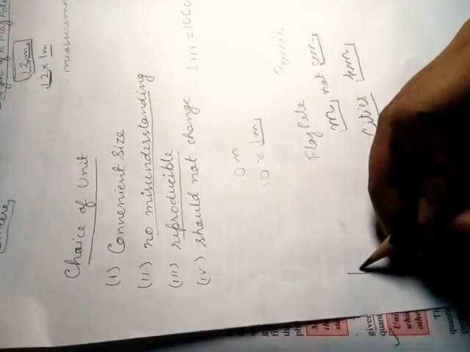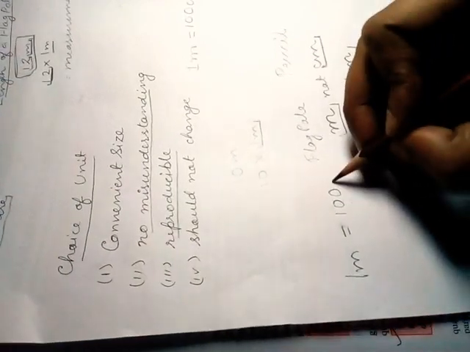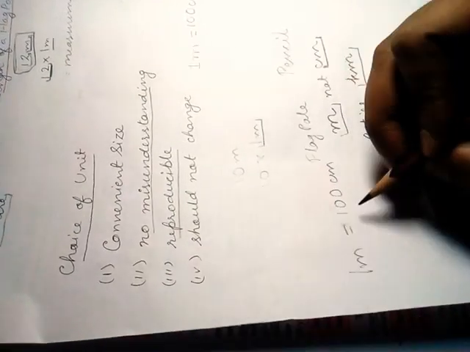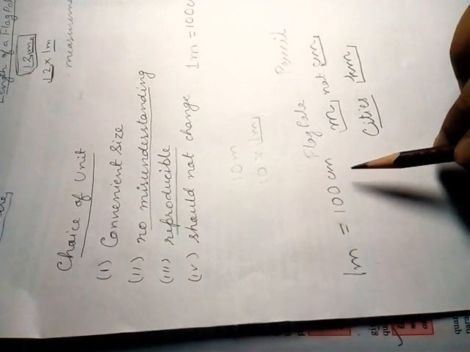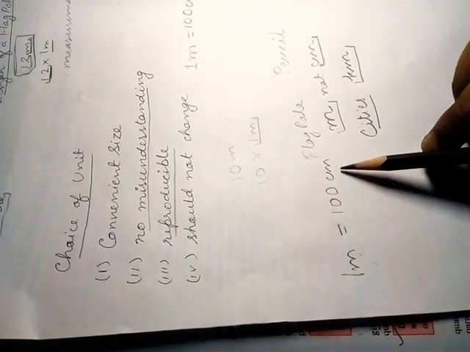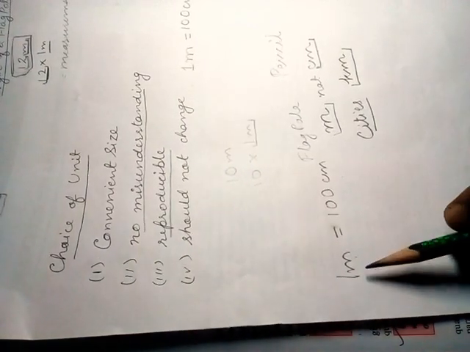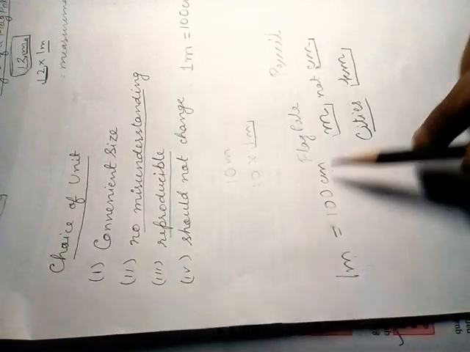That means whatever unit we select, 1 meter is equal to 100 centimeter. That means whatever unit we select, it should be interchangeable to other forms of unit of the same physical quantity. This is also the unit of length and this is also the unit of length, but this has been reproduced into 100 centimeter. Okay.